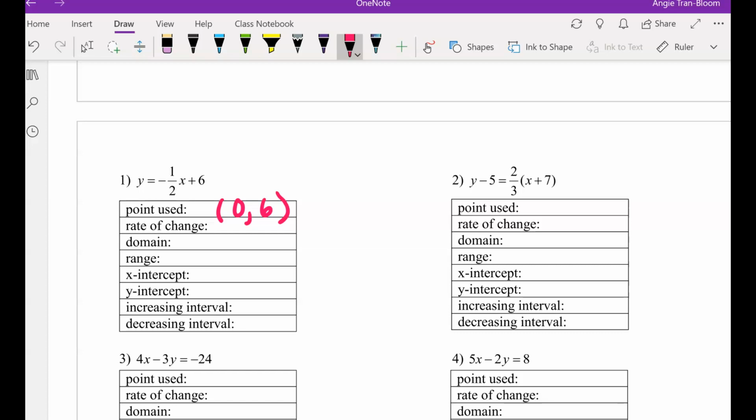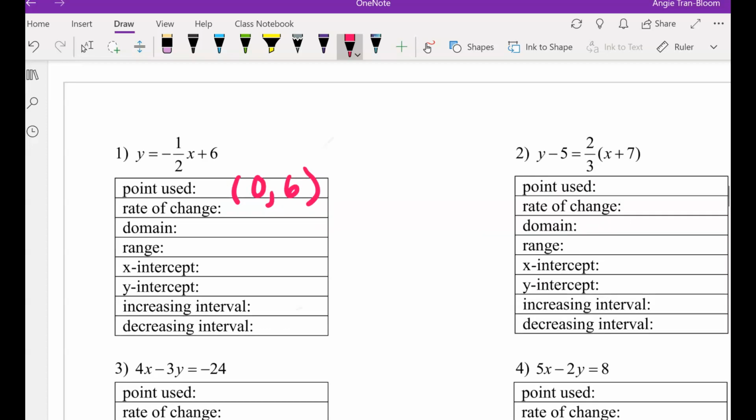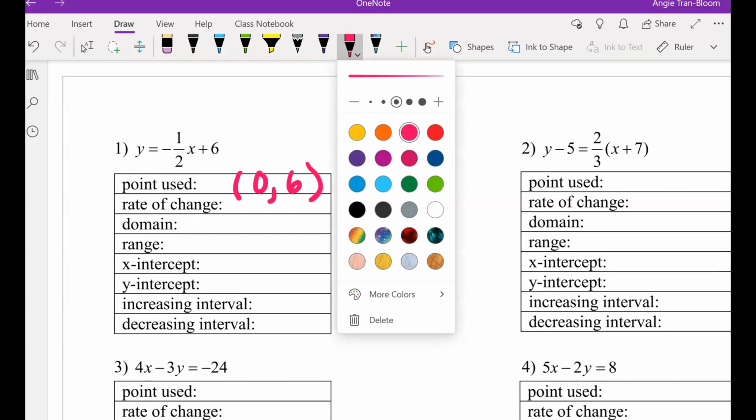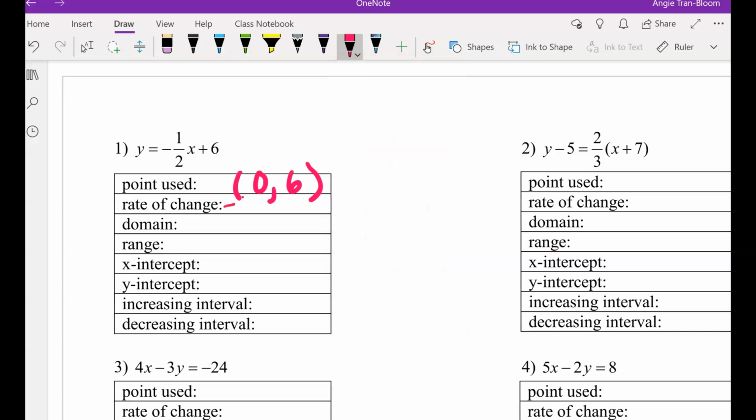Are we able to find the rate of change right away on number 1? What is it? Negative 1 over 2. That easy. What is the domain of that line? Do you remember domain?